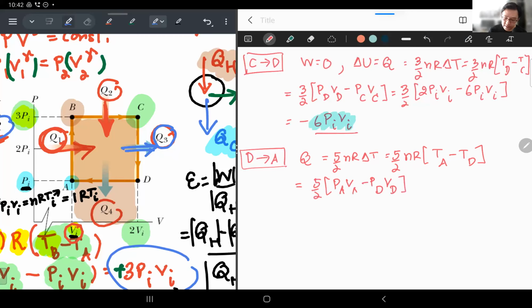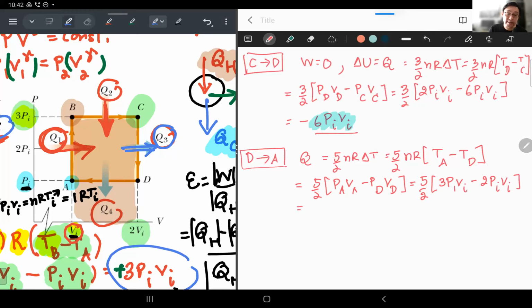And once again, substitute the values into this. At point A, the pressure and volume product is going to be 3PiVi. Very good. At point D, the pressure and volume product will be 2PiVi.